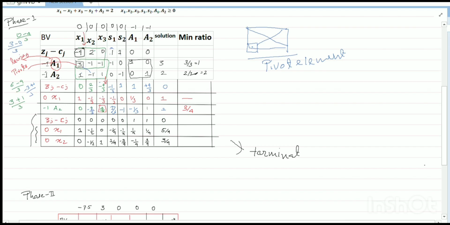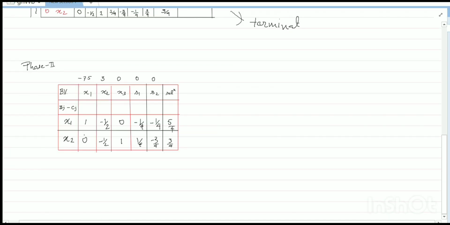Okay, now I am going to solve this portion, and Zj minus Cj is very simple. You will find out. At first, x1 means minus 7.5 and this is a 0. Zj minus Cj means 7.5 into 1 is 7.5 minus 0, so it is 0. And now you see half into 7.5 minus half into 7.5 and half into 0, so this value is 3 by 4.